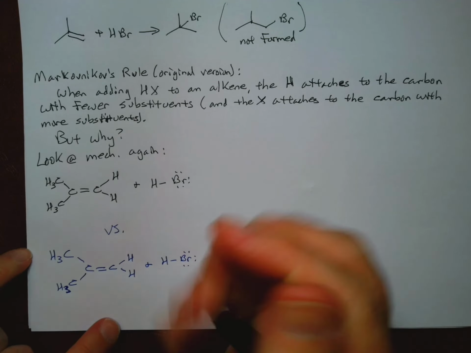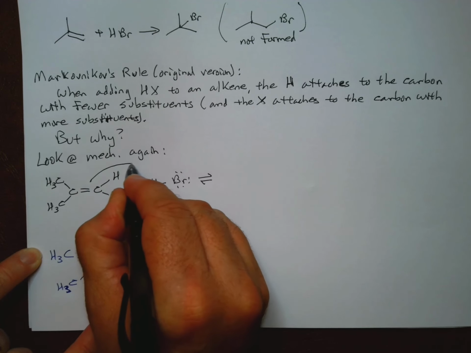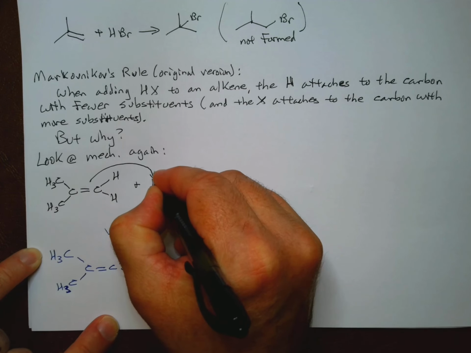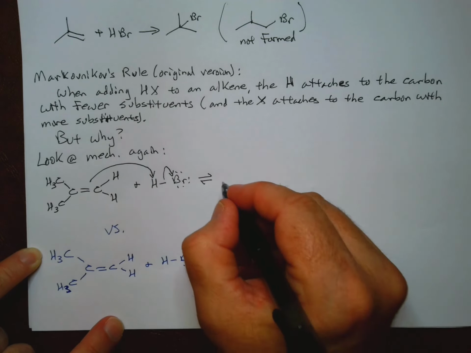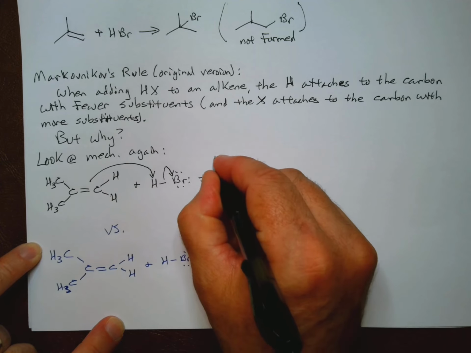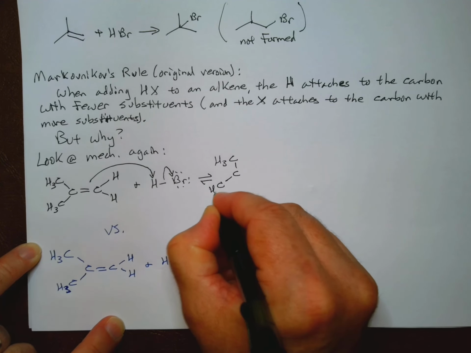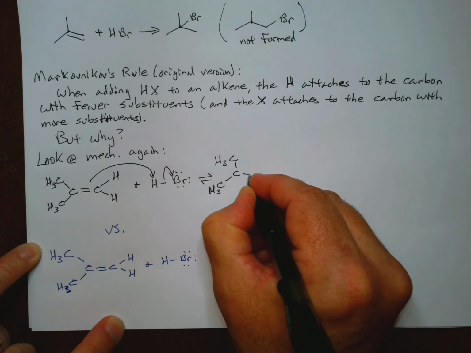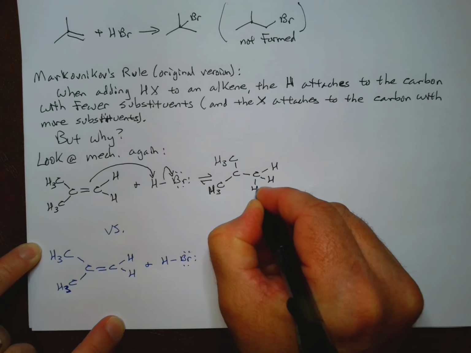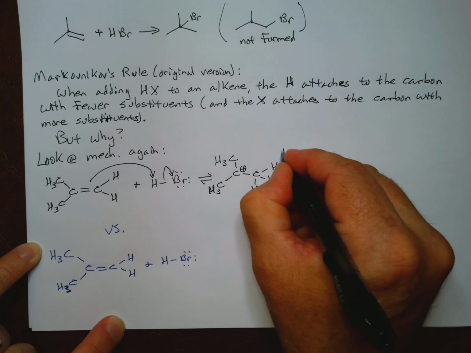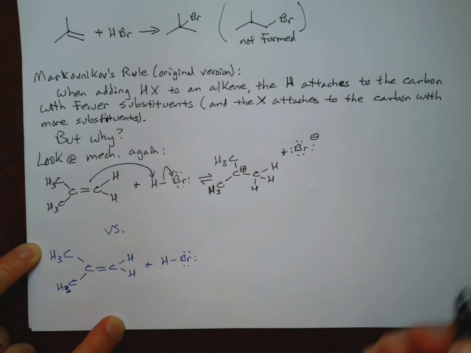Now, we've already seen this mechanism, so I'll just go ahead and draw it out real quick. We get our proton transfer, and now I've got H3C, C, CH3, CH, plus Br minus.